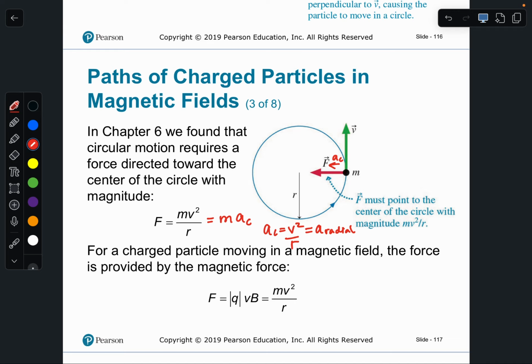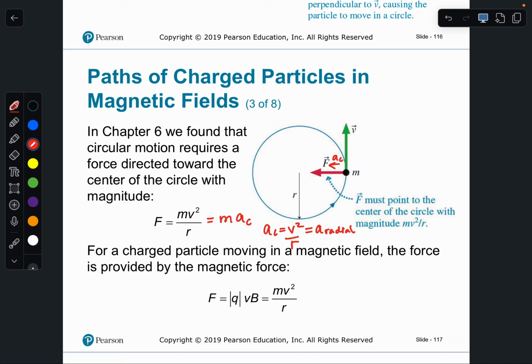The only time you get a speed change is if your acceleration is pointing along the velocity direction, then you're speeding up, and if it's pointing opposite to the velocity direction, then you're slowing down. But if it's perpendicular to the velocity, you're not changing the speed. So that's why you can have an acceleration but still have a constant v.